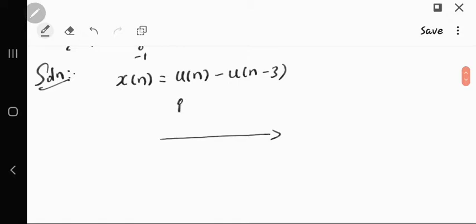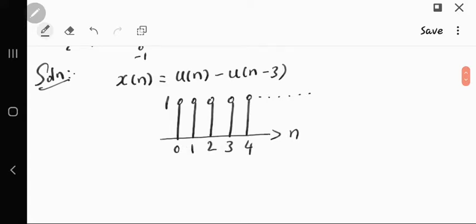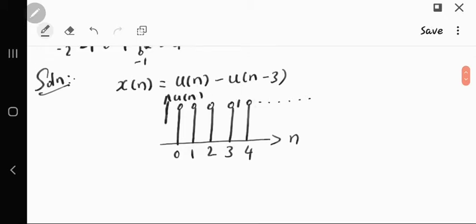From the definition of u of n, u of n will be 1 for n greater than or equal to 0, and the amplitude will be 1 here.